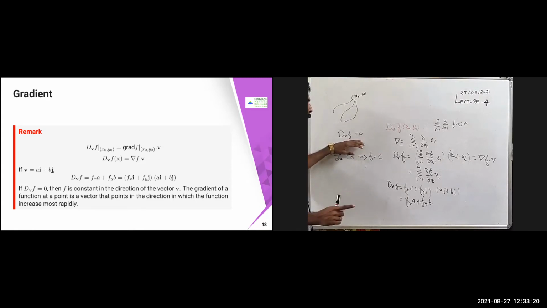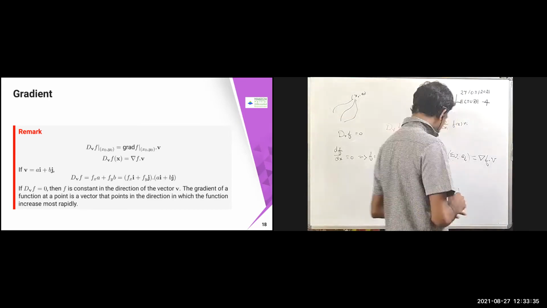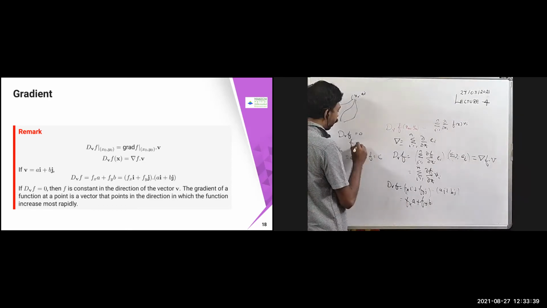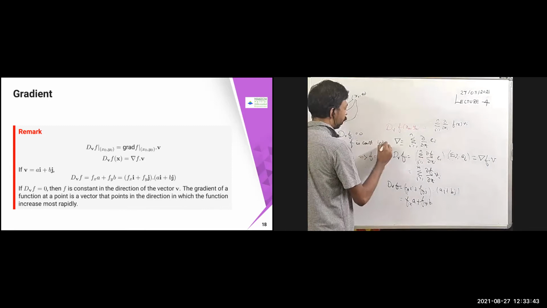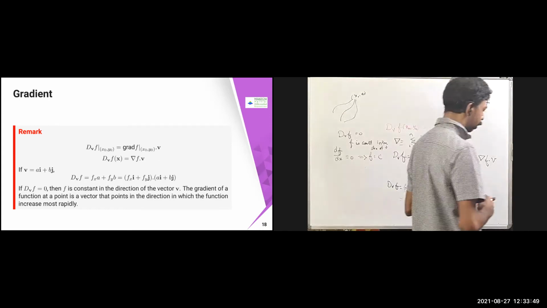It is not guaranteeing that it is constant across the base. It guarantees that dv f equal to 0 means f is constant only in the direction of the vector v.